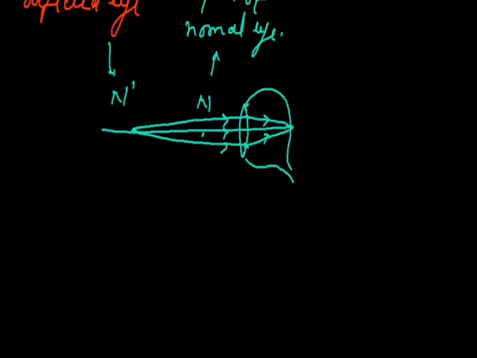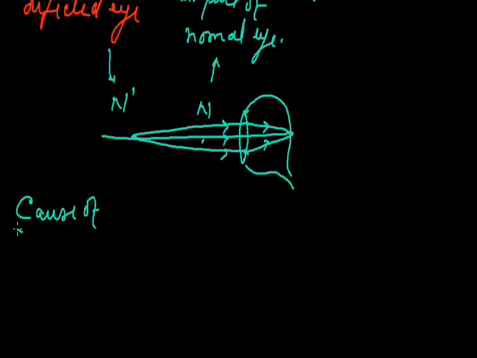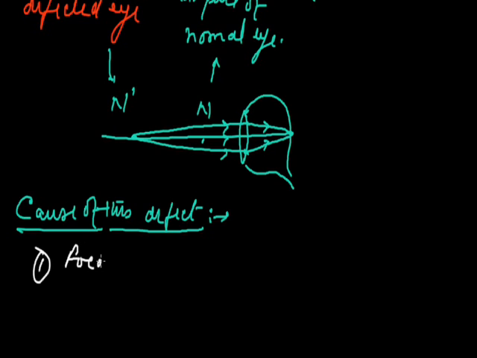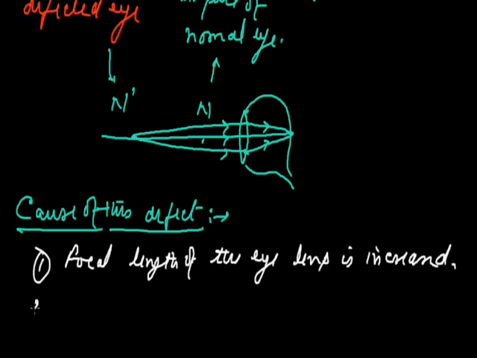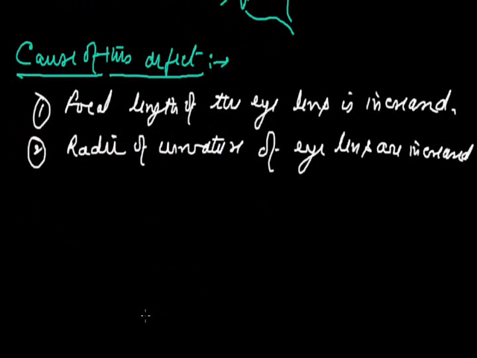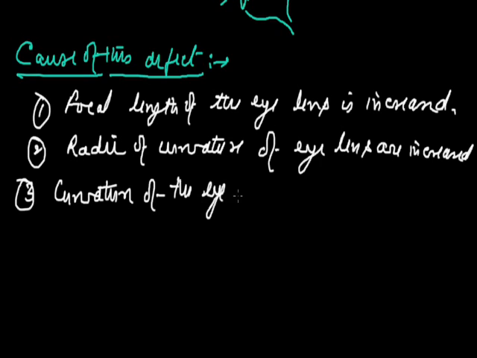Now the causes of this defect. Number one: the focal length of the eye lens is increased, or the radii of curvature of the eye lens is increased, or the curvature of the eye lens is decreased.